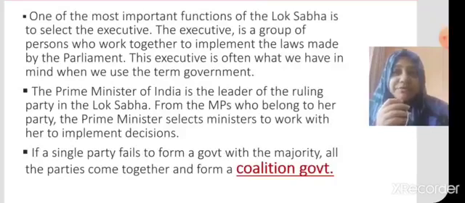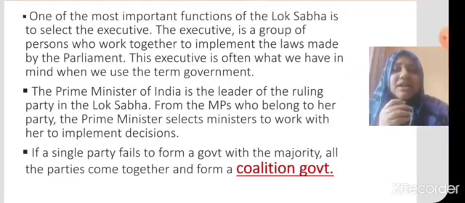One of the most important functions of Lok Sabha is to select the executive. The executive is a group of persons who work together to implement the laws made by the parliament.